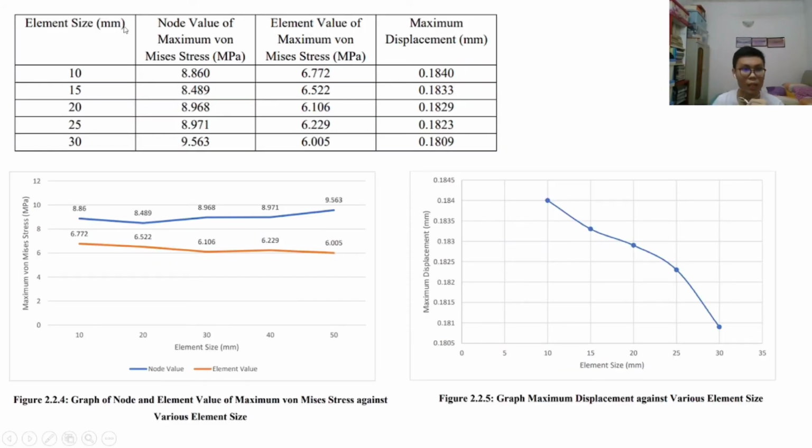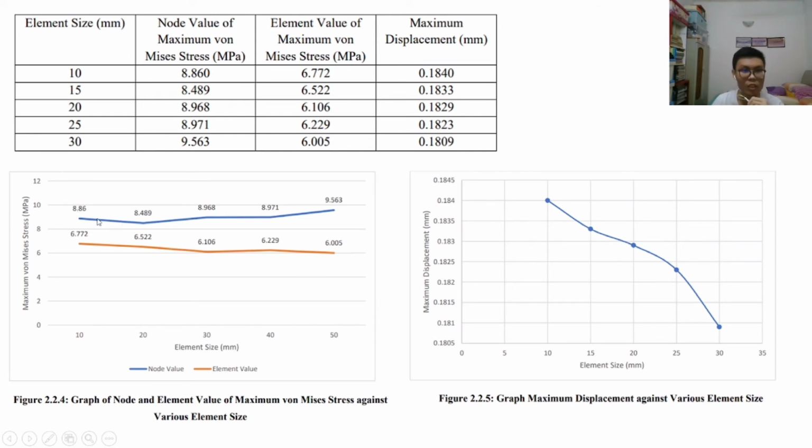After the simulation, this is all the data collected, showing the difference in node value and element value for maximum von Mises stress, and this is the maximum displacement. From this graph, you can see that for both node value and element value of maximum von Mises stress, the value fluctuates when the element size increases.